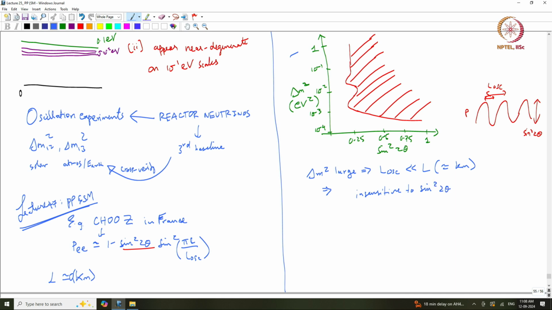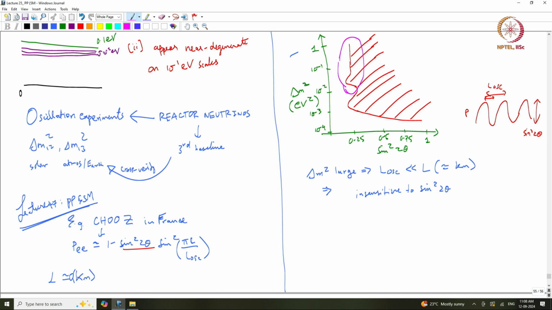Is that seen here in this plot? Of course it is seen here, right. That is why you have a straight line up here, okay, this straight line here. So, let me mark it here, this straight line, right. This shows over here that you have become insensitive to sine square 2 theta, okay.